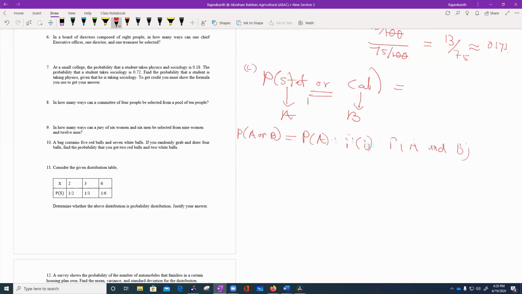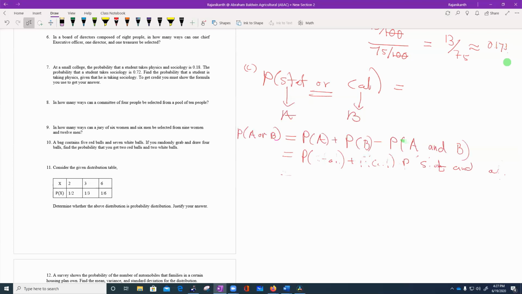This is called addition rule number 2. Okay? So use this formula. What is my event A here? Event A is choosing statistics, right? So this is the probability of stat. The next one, probability of cal. Then subtract the probability of stat and cal. You understand now?